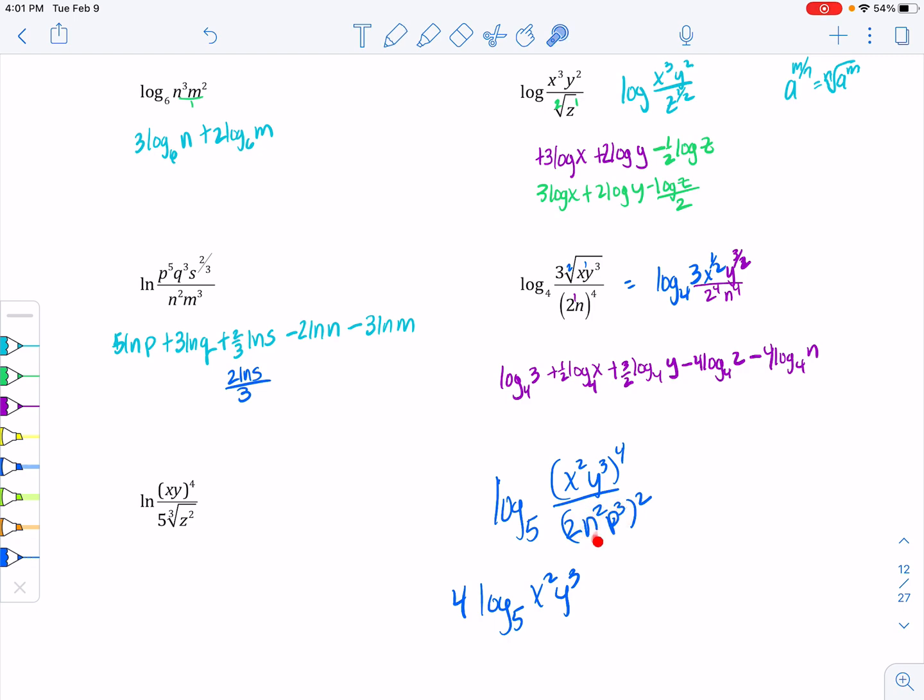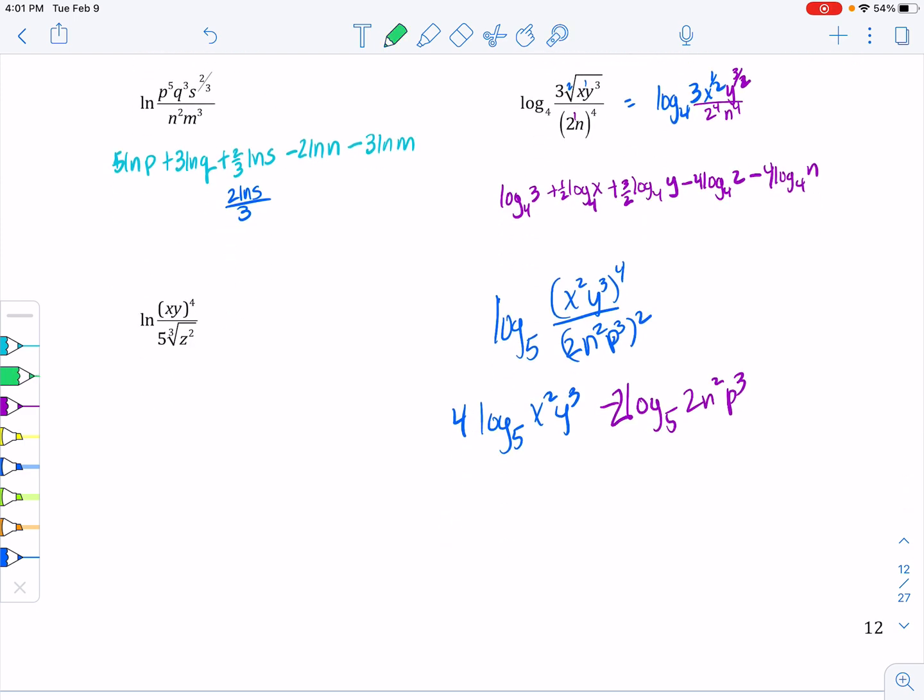This is all in the bottom, so it's negative out in front. So minus log base 5 of 2n squared p cubed, with a 2 out in front because this was the power. But notice here, we still have these two things being multiplied, so I have to split this log into two other logs, but I have to keep that 4 out in front.